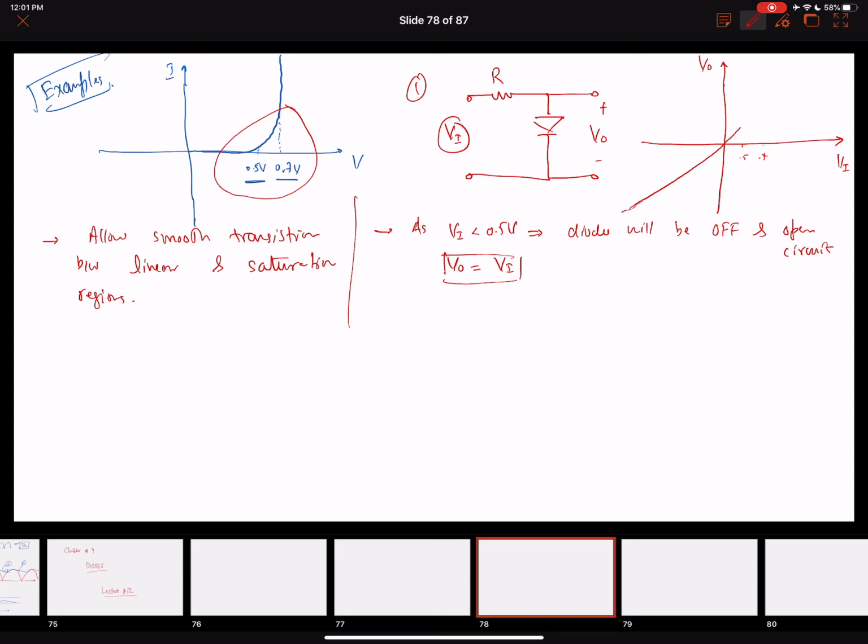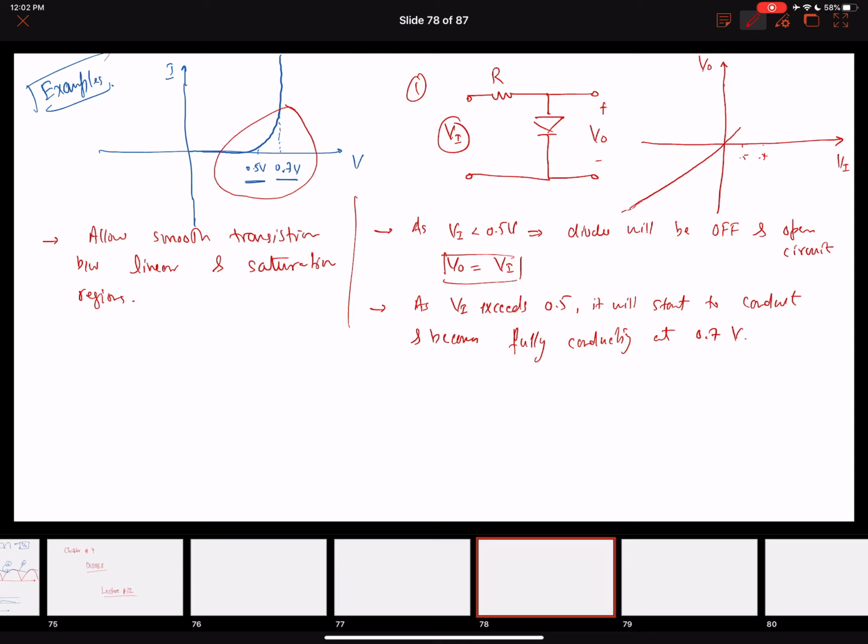Okay, now as VI exceeds 0.5, it will start to conduct and become fully conducting at 0.7 volts, right?